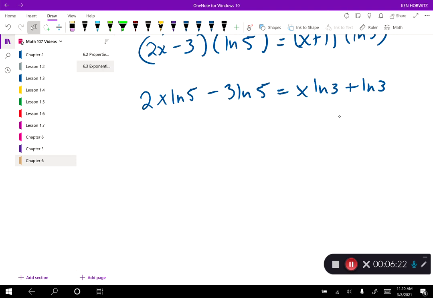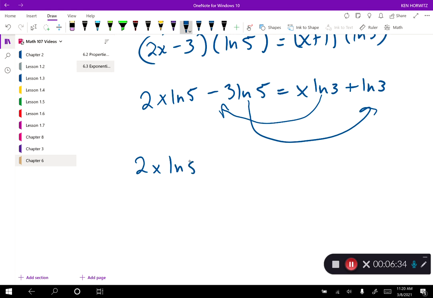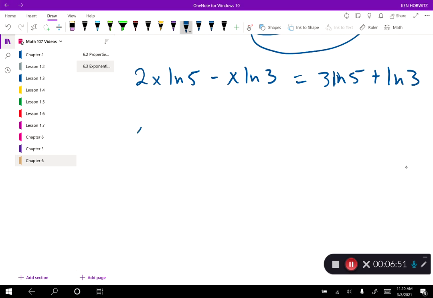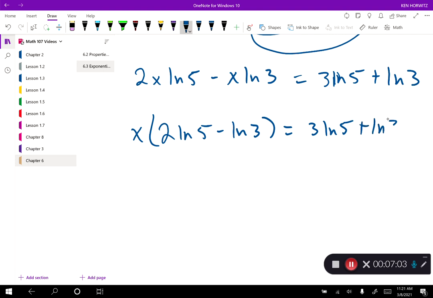All right, so again, all this does now is we have to just do a little bit more algebra. So now I want to bring this to this side. I want to bring this to that side. So I have 2x ln 5 minus x ln 3, if I subtract it from both sides, equals 3 ln 5 plus ln 3. All right, so now I have a common factor of x, so I'm going to pull that out, and I have 2 ln 5 minus ln 3 equals 3 ln 5 plus ln 3.